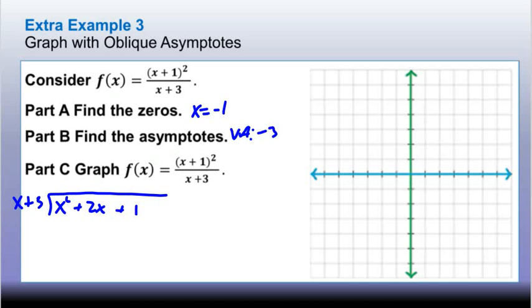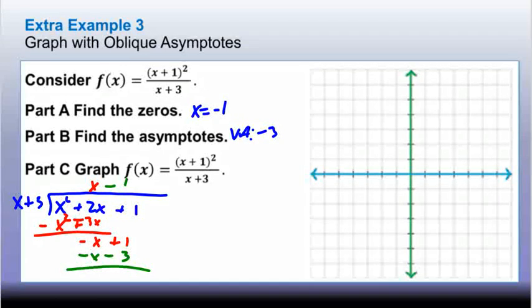So I need an x here, so that'd be x squared plus 3x. Subtract these, and that gives me a -x plus 1. So I need a -1 here. That gives us a -x minus 3. Add the opposite down here, and that gives me 4.